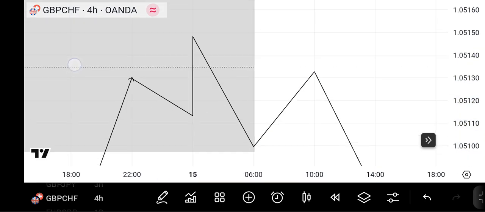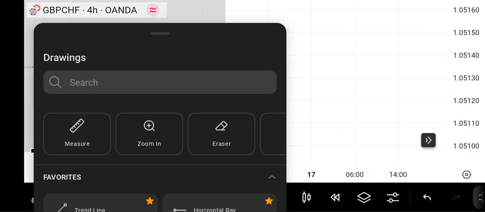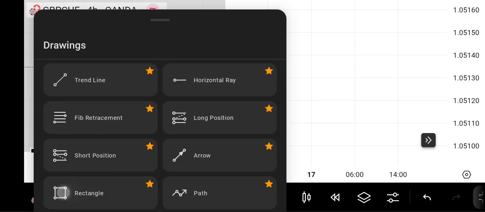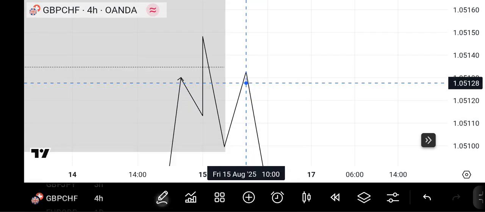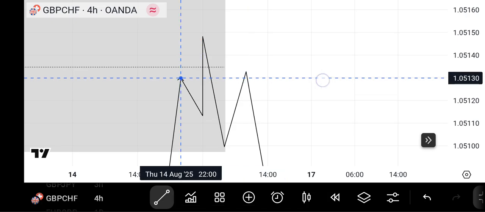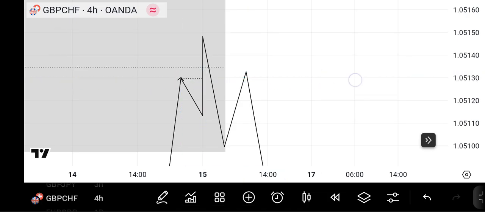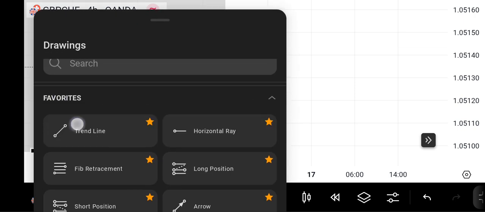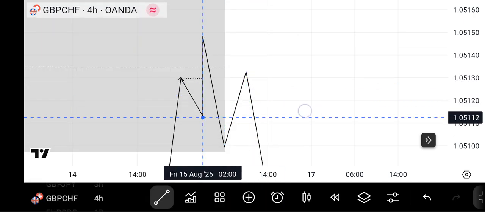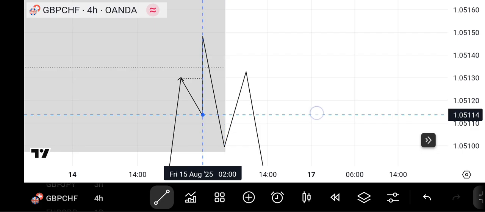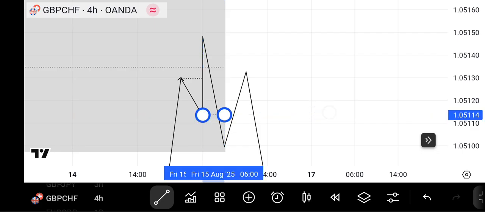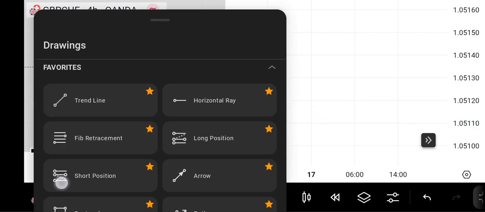A sweep. I want to see a sweep. Break, change of character, and then a fair value gap for my entry.